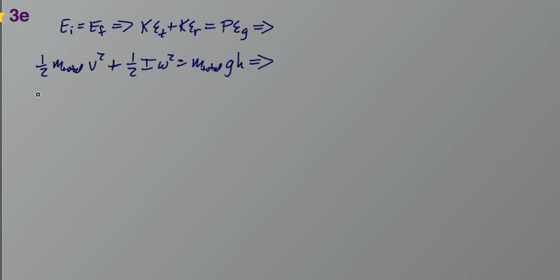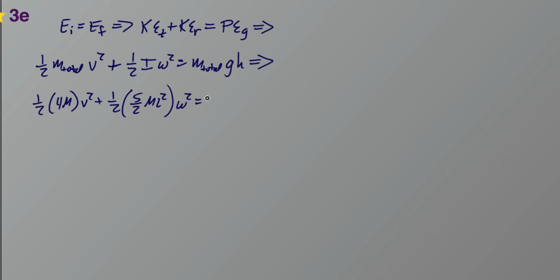Breaking that down a little further, we have 1/2 our total mass, which is going to be 4 capital M, times v squared, plus 1/2 our moment of inertia. We already determined I total was 5/2 capital ML squared, and it says you could leave it in terms of I total. So you could just put I total in there and not substitute this in, but I think this looks a little slicker when we're all done.